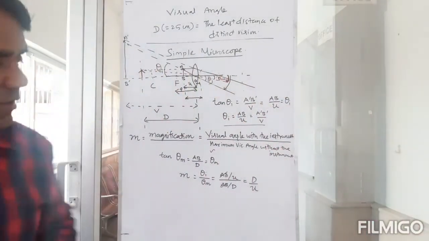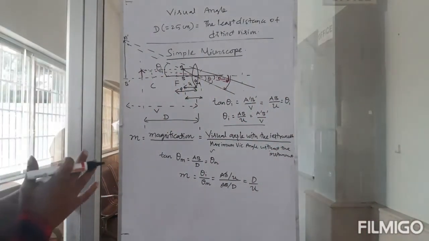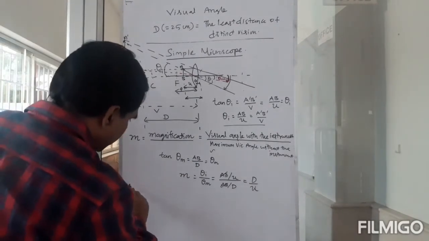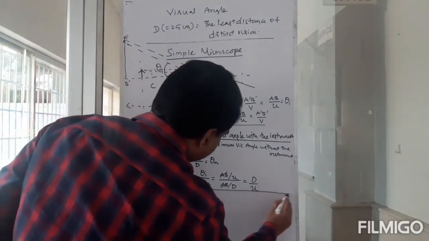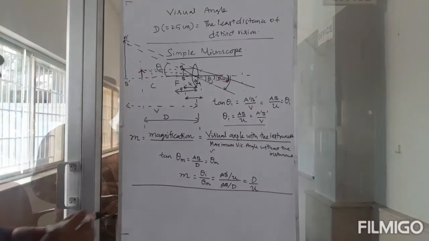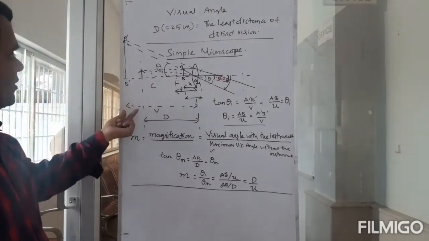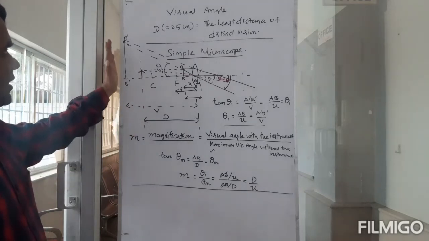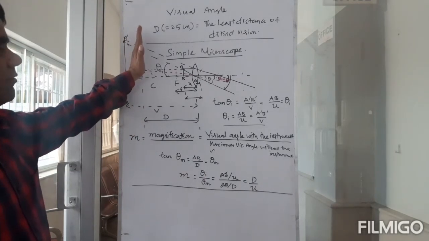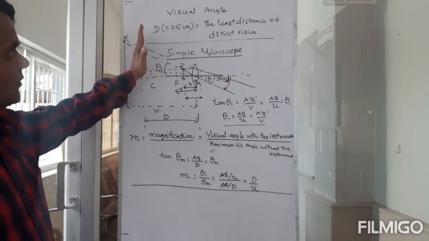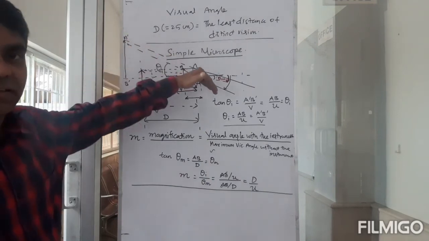Do you want to understand this? Look at this. I got it at some place beyond D. Suppose I am able to get this at D itself. If I can get it at D, then that's the maximum angle, right?